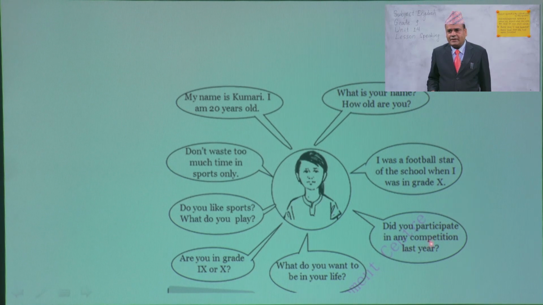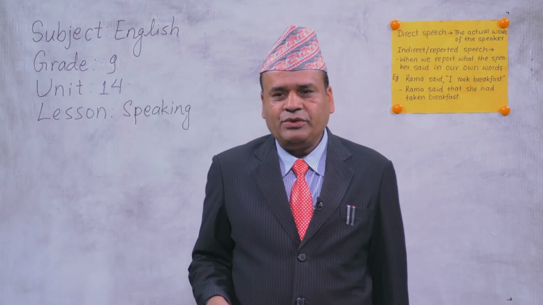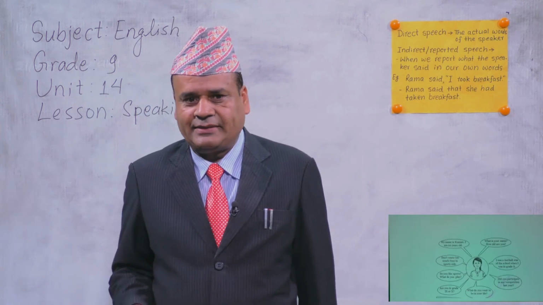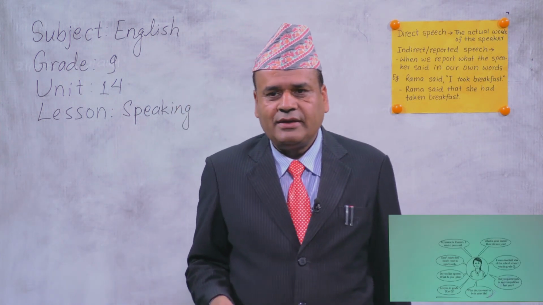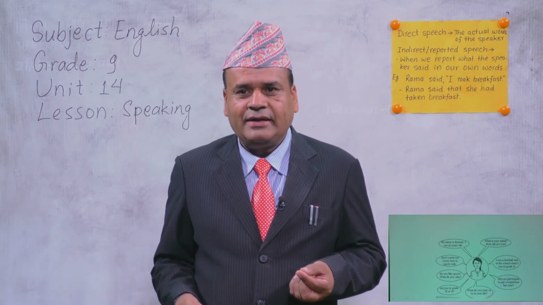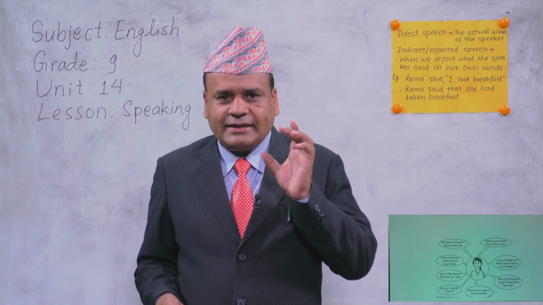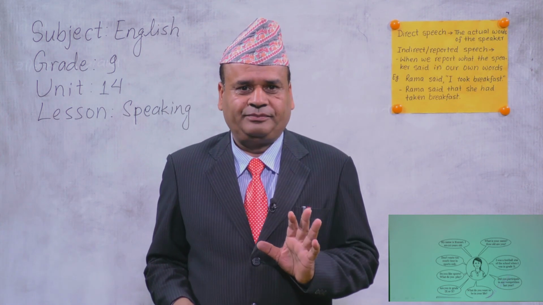Did you participate in any competition last year? What do you want to be in your life? These are the sentences used by Kumari, and all these are in direct speech because this is the direct sentence from Kumari.